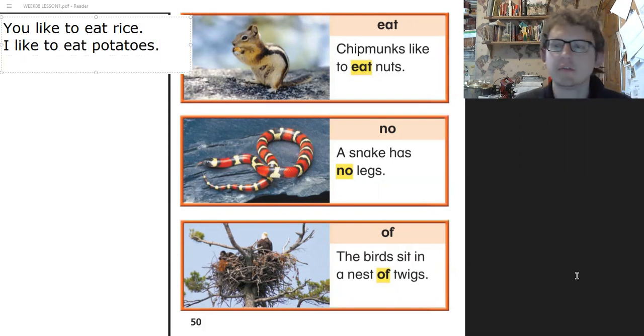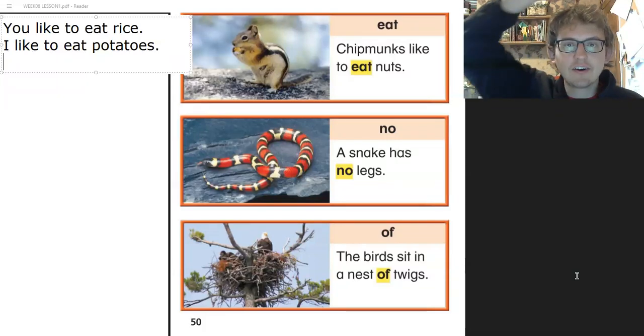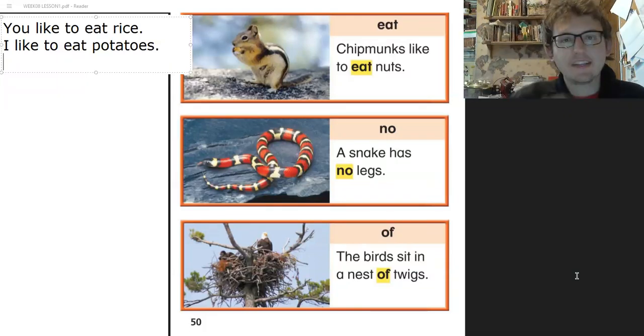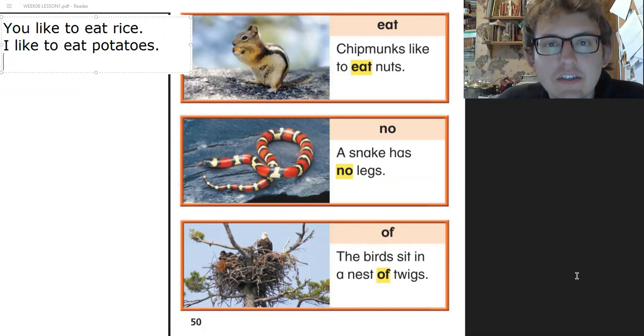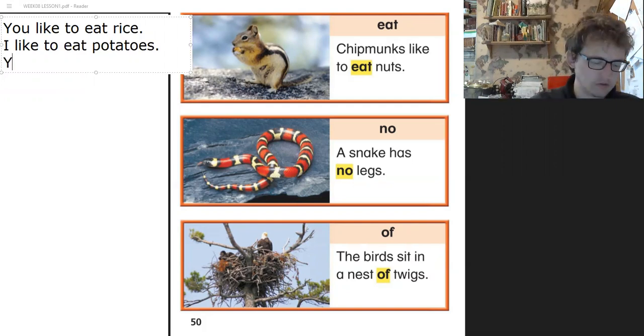Do you have any other ideas of what you like to eat? Meat. Yeah, that's a good idea too.